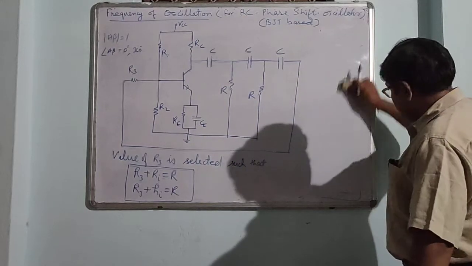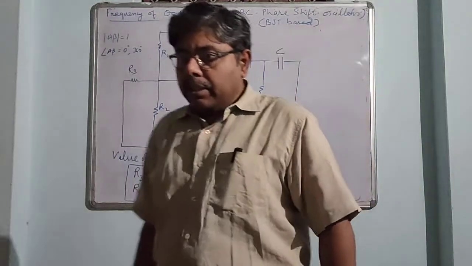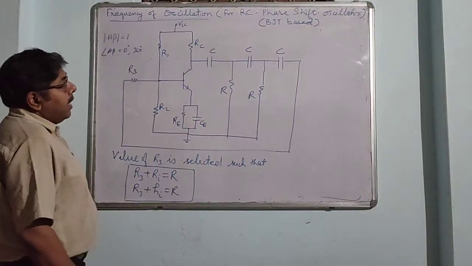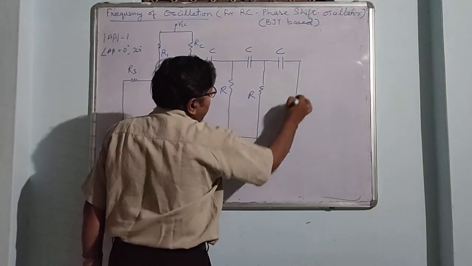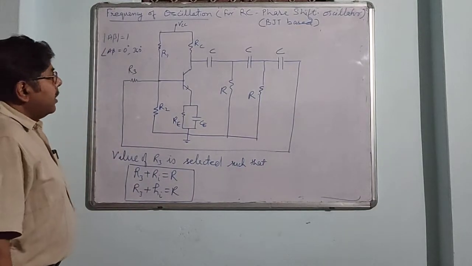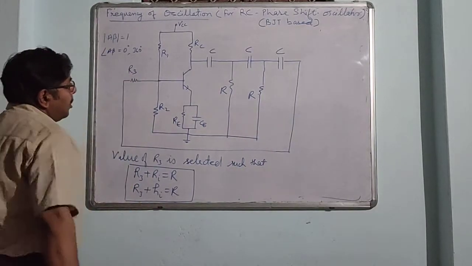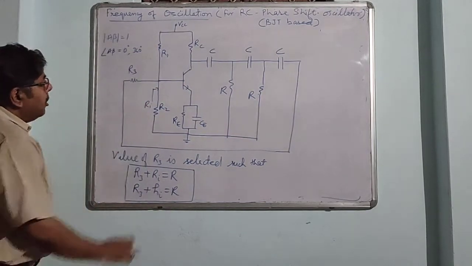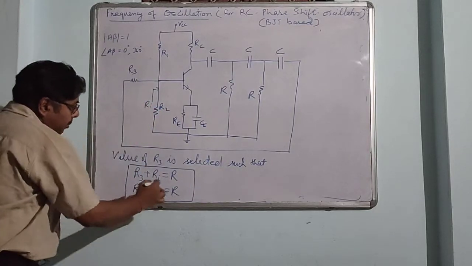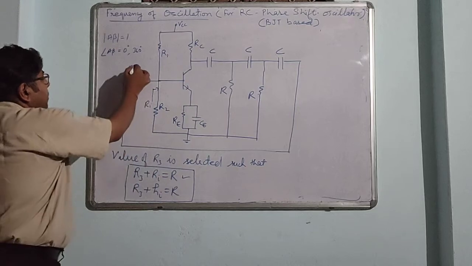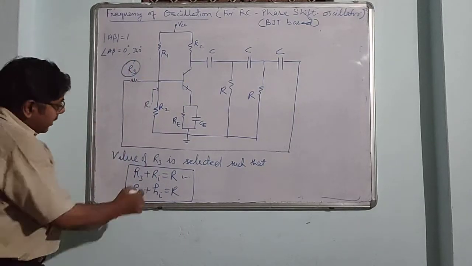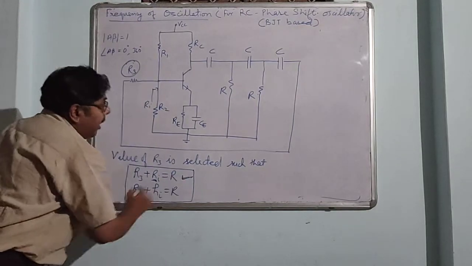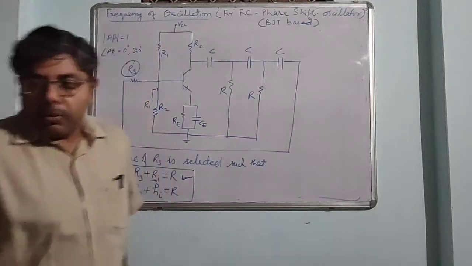One more thing here: in the last step we are not using R, instead we are using R3, because here we have the input resistance, and the combination of R3 with Ri provides R. So we select the value of R3 such that when it is added to the input resistance, it provides R. So this is the basic network.